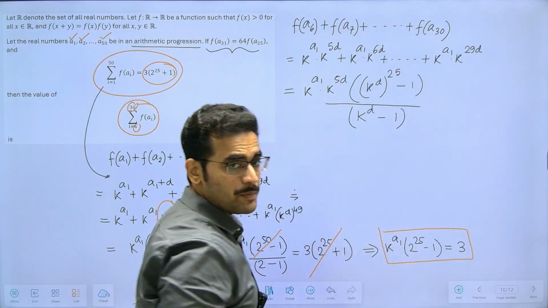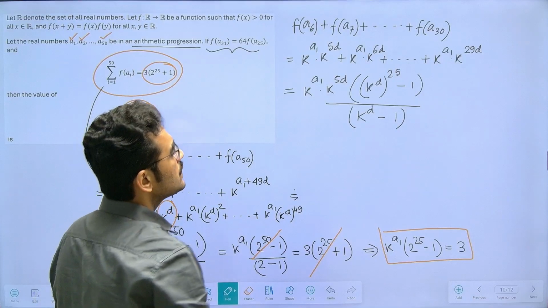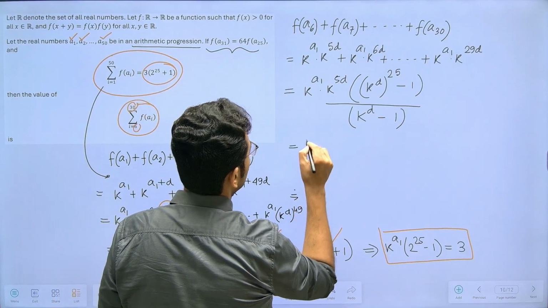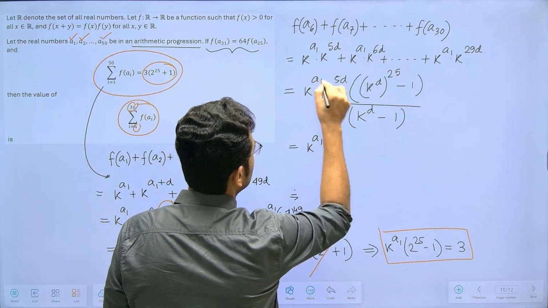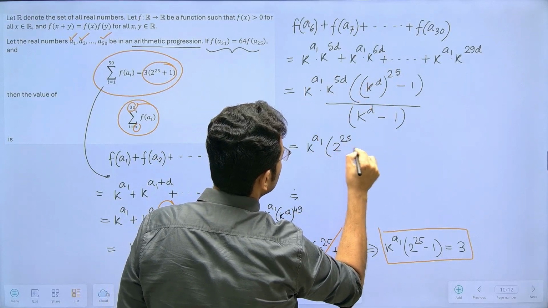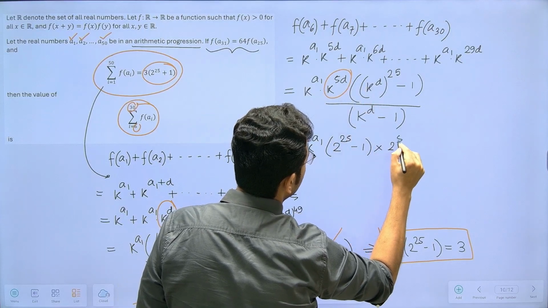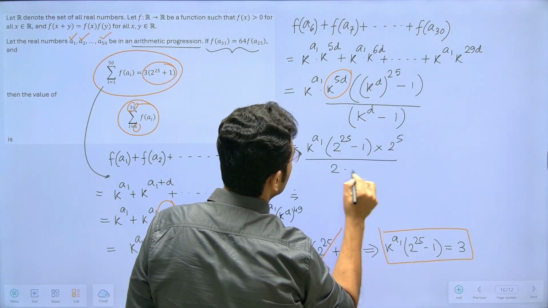This is the sum of the GP. And we already know the k to the power d value, it is 2. So substituting k to the power d, it will be k to the power a1 into 2 to the power 25 minus 1 into this factor, that is 2 to the power 5 divided by 2 minus 1.